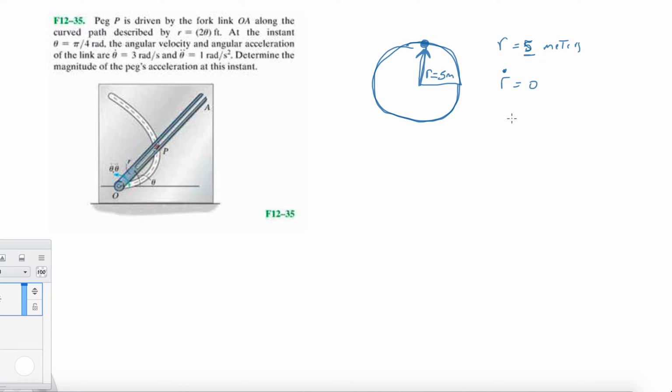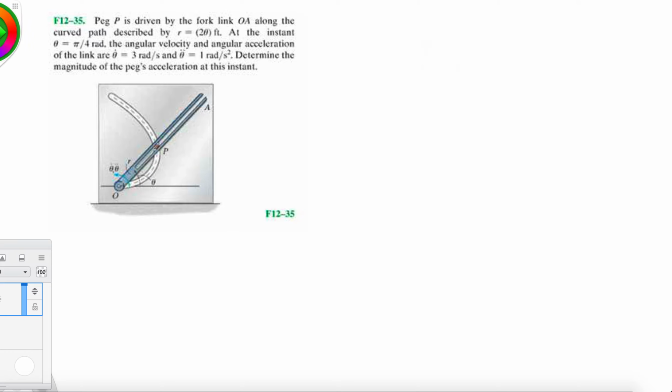You might notice that in this problem, they give you R varies with the angle, which makes sense. We can see from this picture that at this instant, this is R, but at this instant it's going to be R prime, so it's going to be larger.